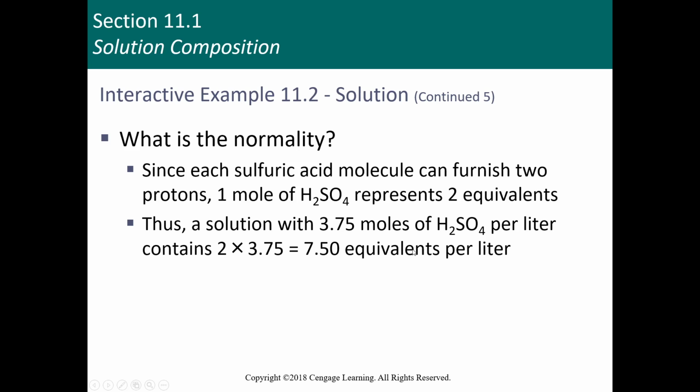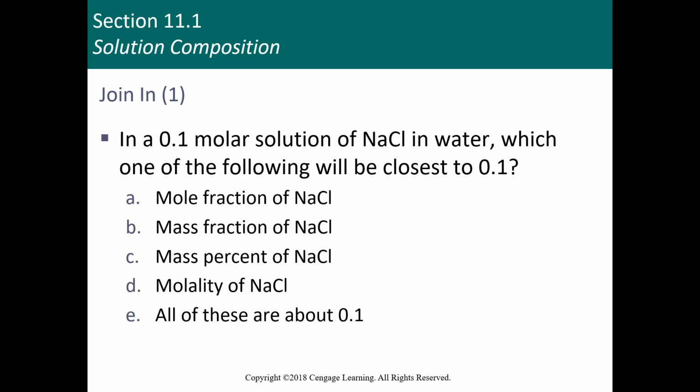These are what are actually going to be reacting with things. We don't actually care what the specific acid would be anymore. The normality thus would be 7.5 equivalents divided by the number of liters, which is 1. And so that gives us 7.5 normality, which is capital N, very similar to the molarities again.